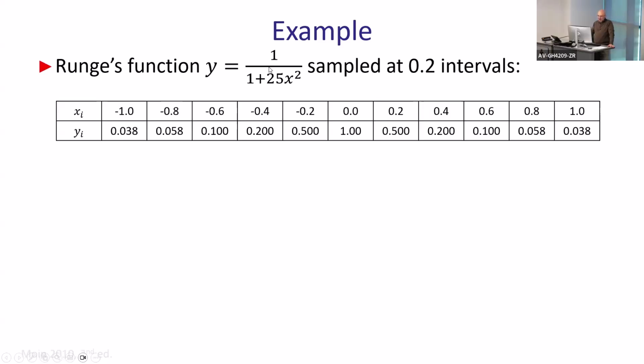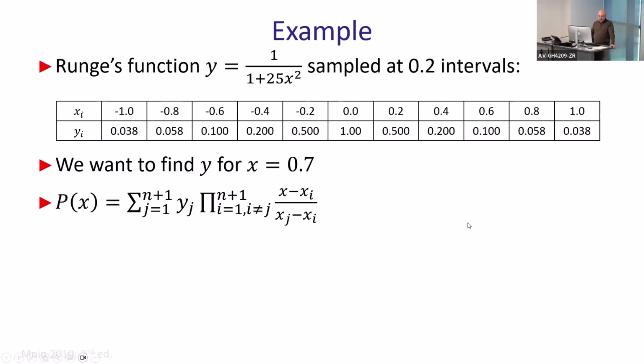I'm not telling you what that function is, but you want to find some sort of interpolation of that function using Lagrange polynomials. You also want to find the value of that function at 0.7, which is not given in the table, somewhere between 0.6 and 0.8.